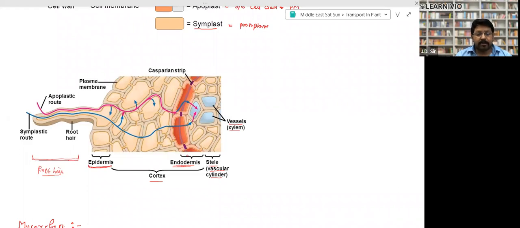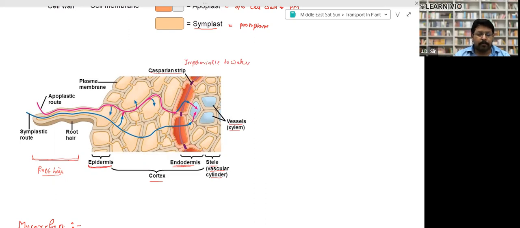But in the endodermis cell, there is one thing. In the endodermis cell, there is a Casparian strip. You can see this is a Casparian strip. Casparian strip is impermeable to water, right? There are certain pores or gaps in the Casparian strip. The water can move through there only, right?